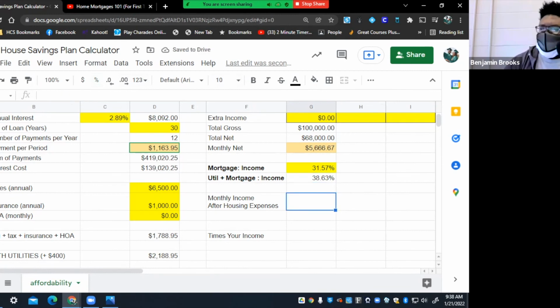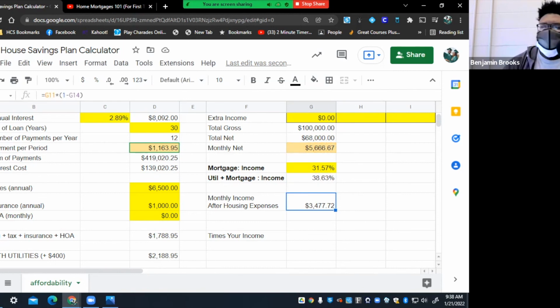So your monthly income after housing expenses, basically, you can think about it like this. You're going to take your monthly net income, and you're going to multiply it by 1 minus this, I think is probably what he's using. So you can say equals monthly net times parentheses 1 minus your mortgage with utilities.